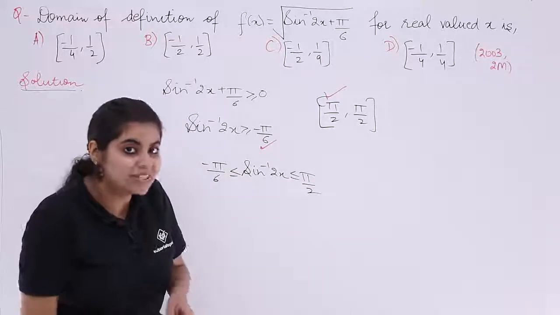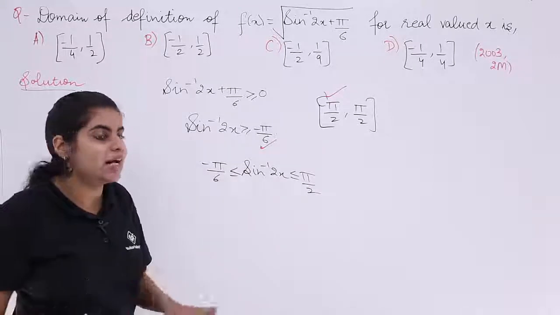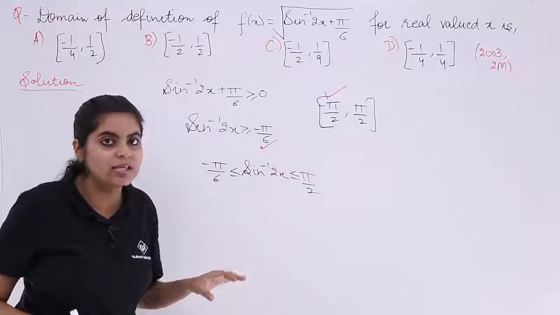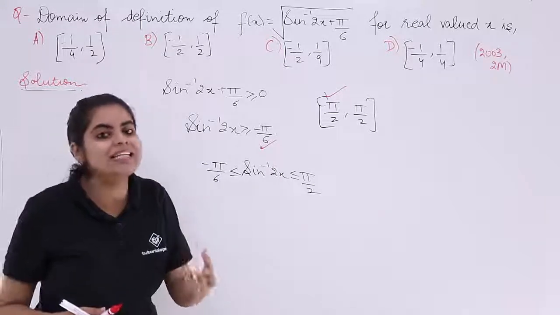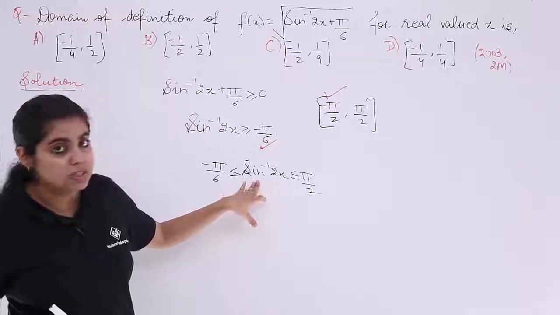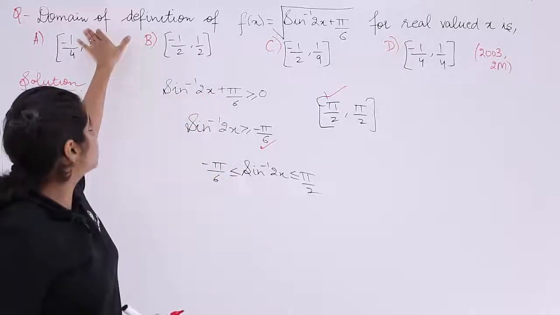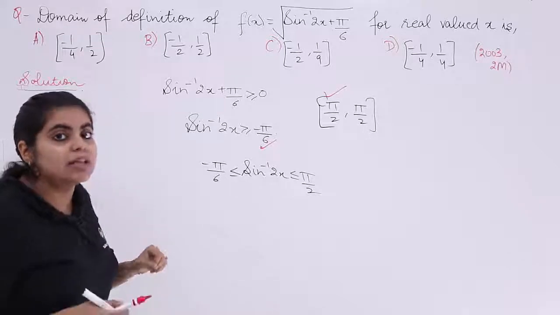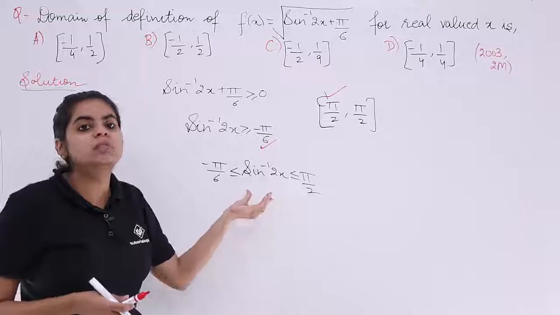How did we go about this step? We basically combined both these conditions. I know that the right hand limit has to be pi by 2 only, since it is positive. For the negative side, the greater lower limit, the larger one, will come out, that is minus pi by 6. Now we want to find the domain, which means the values of x, and the inverse shouldn't be there.